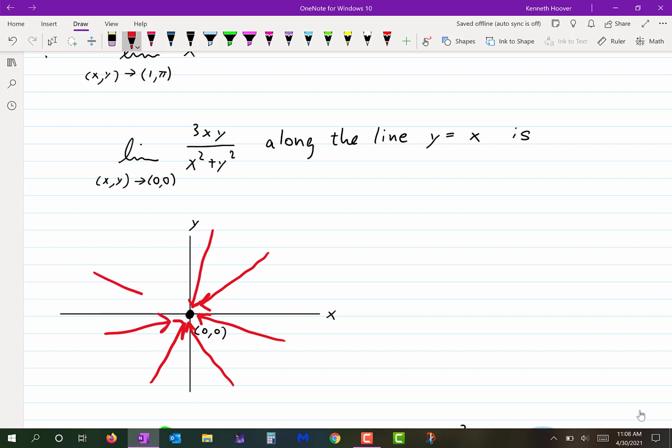You can do all of them all at once by just saying xy approaches the origin along the line y equals mx.